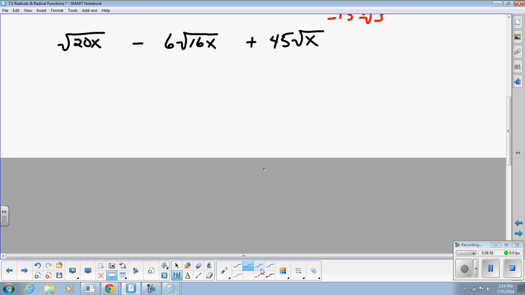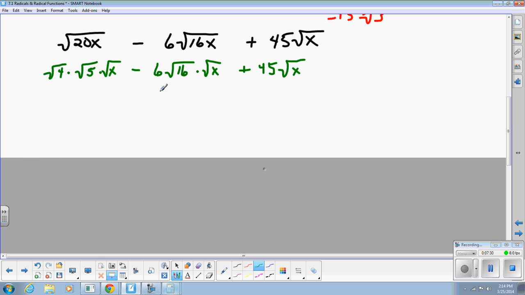I have square root of 20, and I break it apart to the square root of 4 times the square root of 5 times the square root of x. 20 has a perfect square factor, it's 4. Break all those numbers out separately. Minus 6 times the square root of, hey, 16 is a perfect square, so I got 16 times the square root of x. And then plus 45 times the square root of x.